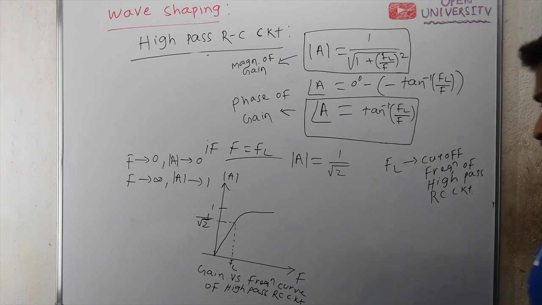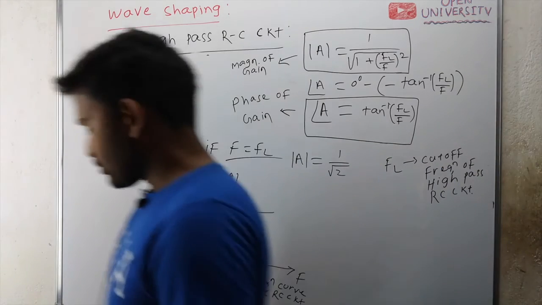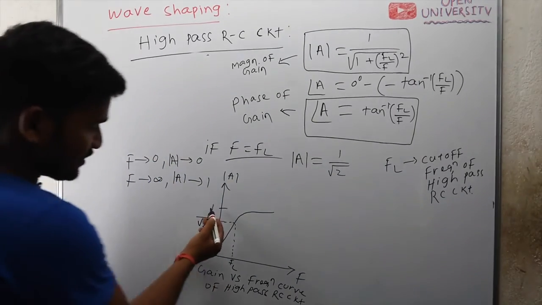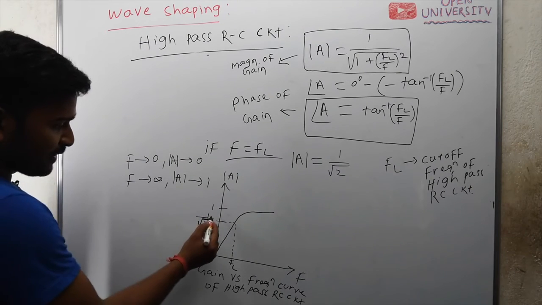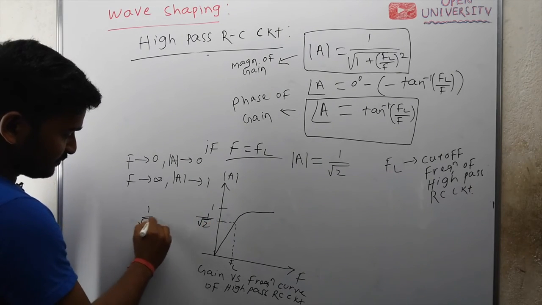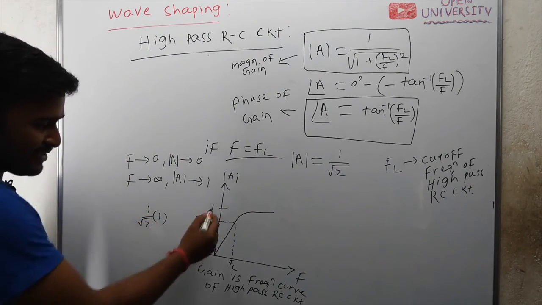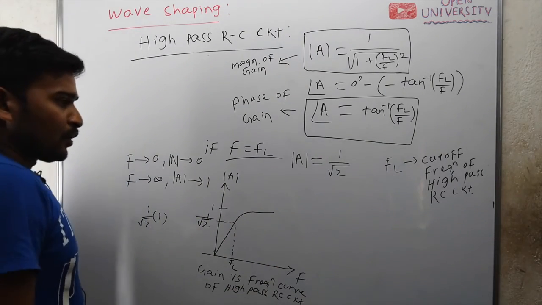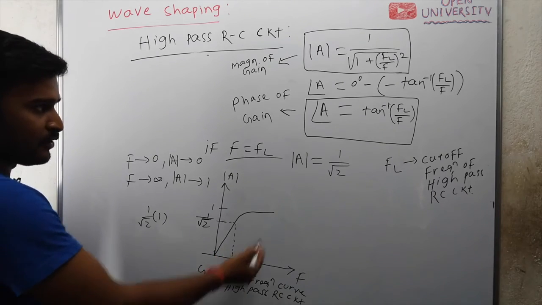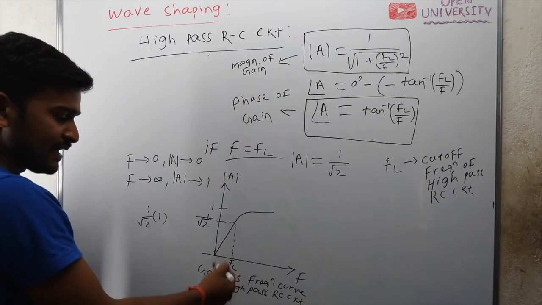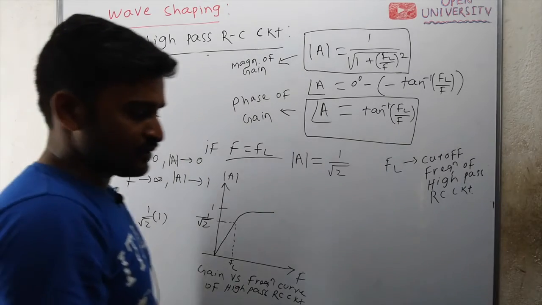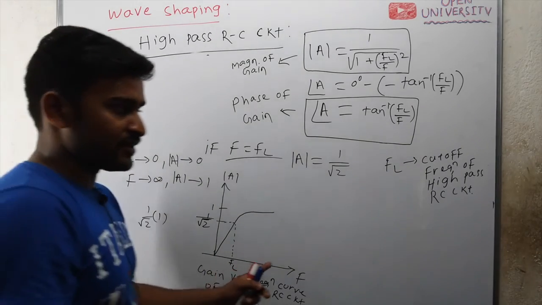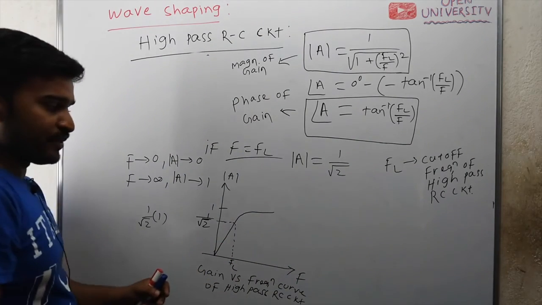It is the frequency at which gain becomes 1 by root 2 times the maximum gain. What is the maximum gain? 1. This is said to be the cutoff frequency, and your high pass RC circuit has a lower cutoff frequency because fL is a lower frequency.